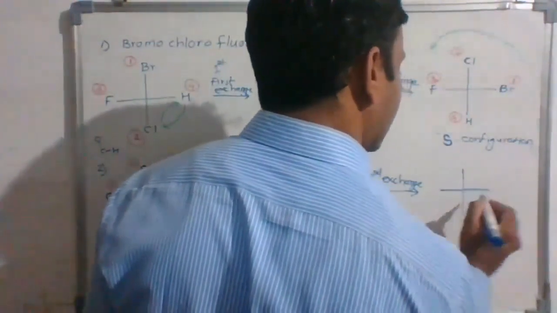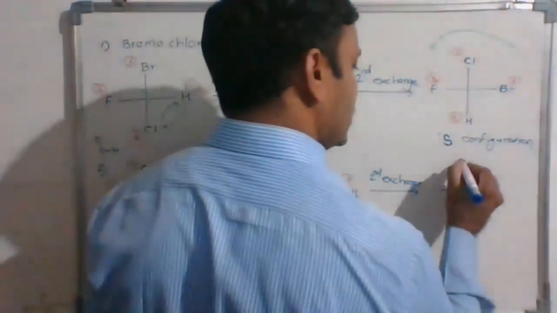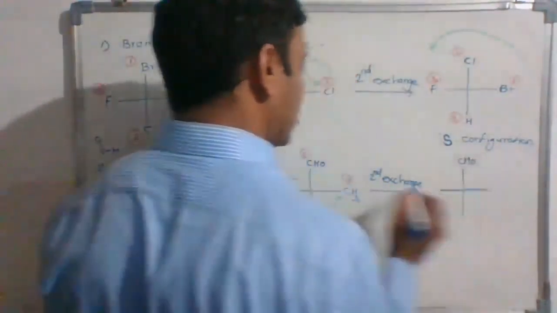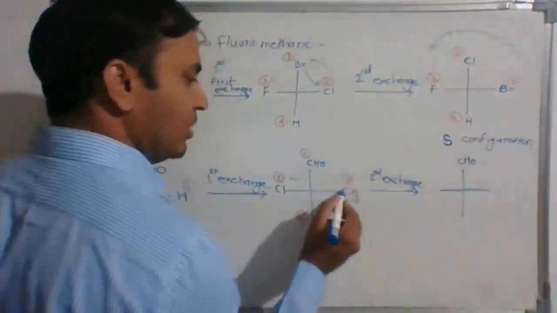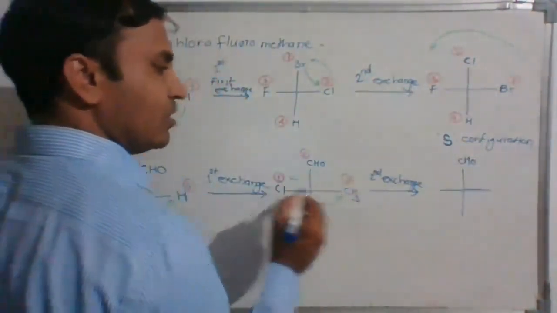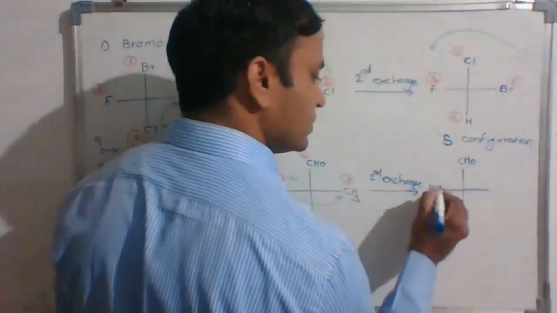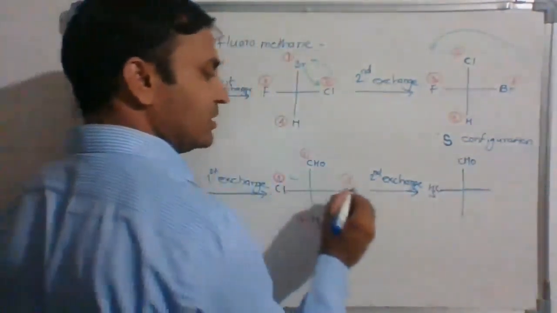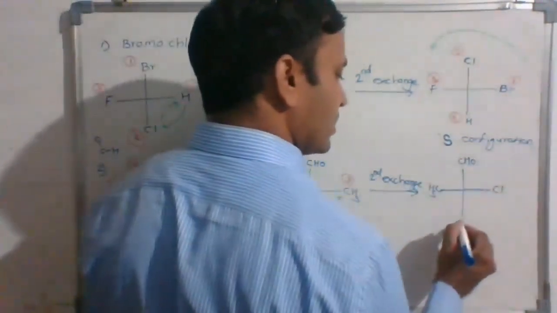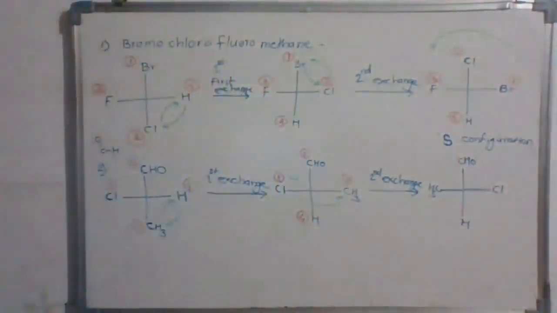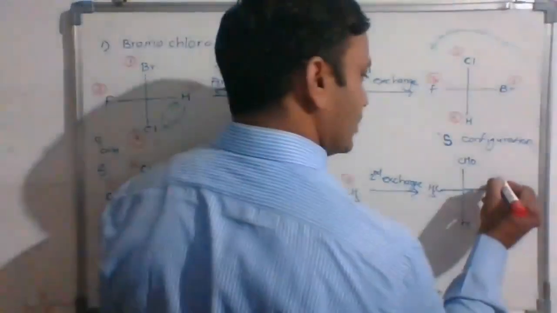So after second exchange, the situation will be like this. CHO is at its own position. Methyl is now transferred on this side, CH3. Chlorine on this side and hydrogen is at the bottom. Give the numbers.